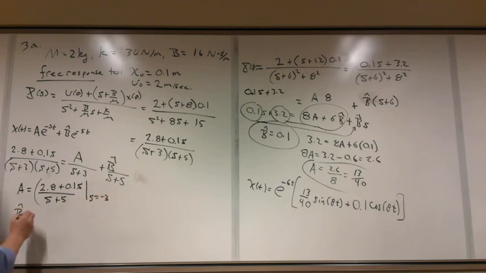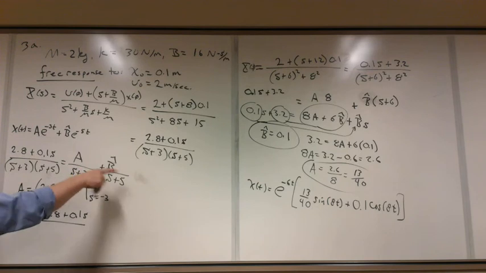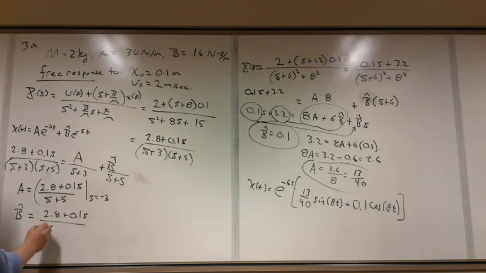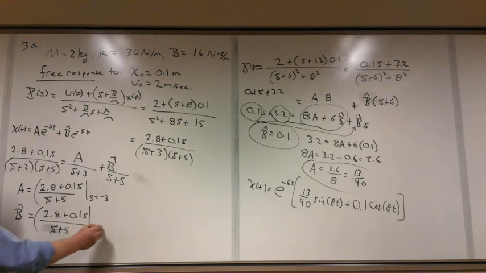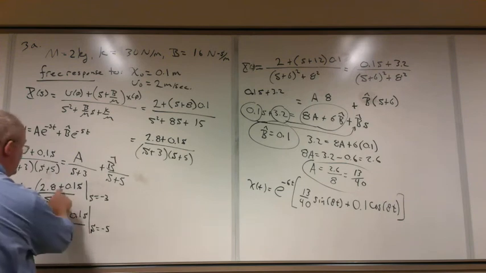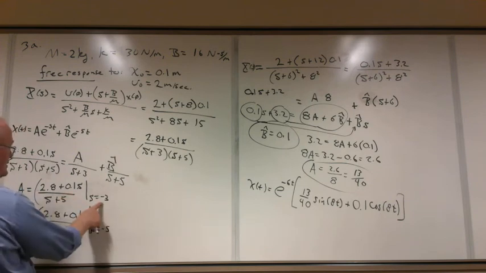Likewise, b hat is going to be equal to 2.8 plus 0.1 s over, instead of s plus 5, now we multiply both sides by s plus 5, and we let s go to negative 5, so s plus 3 evaluated at s is equal to minus 5. So, what do we have here? Let's see. We have 2.8 plus 0.1 times negative 3.